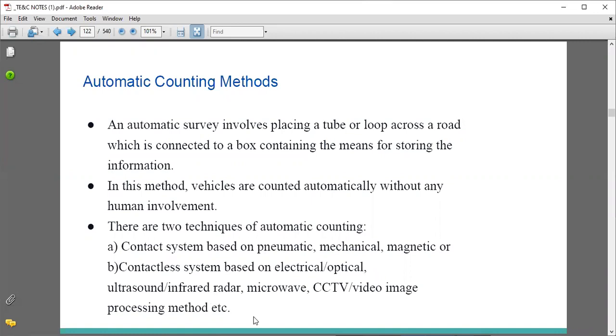It means that in automatic counting methods, there is no requirement for any person to count the vehicles on the road. So there are different techniques used. Which are those techniques?